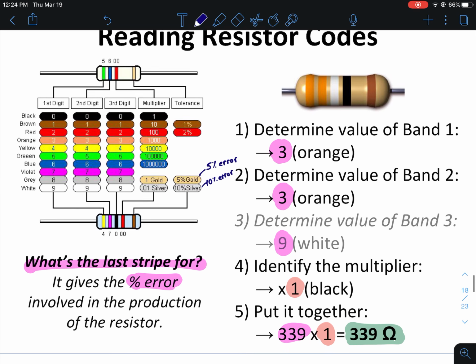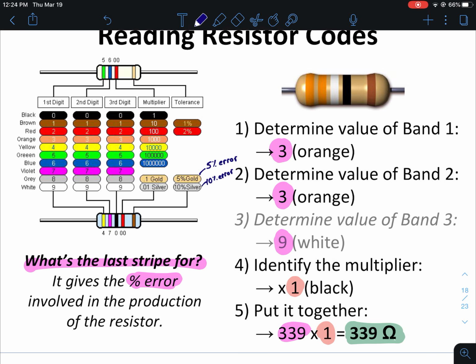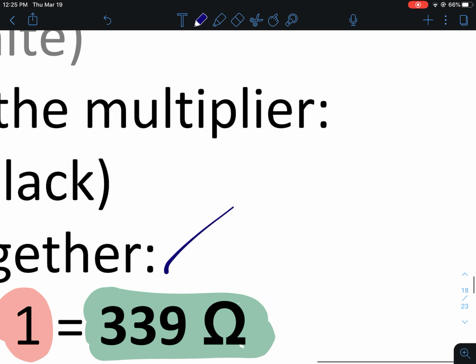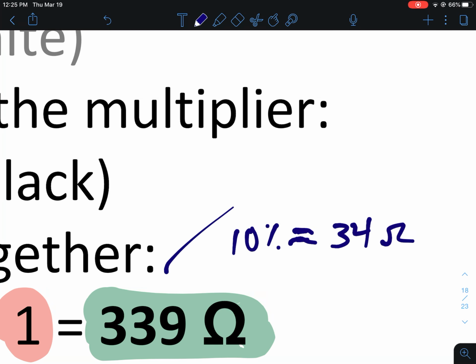So what that means is this resistor is going to provide you with 339 ohms of resistance, but it's not going to be perfect. It could be 340, it could be 337. Basically, you'd have to figure out what 5% of 339 is. Well, I know 10% is 33.9, so let's call that 34. If it was 10%, it'd be roughly 34 ohms.